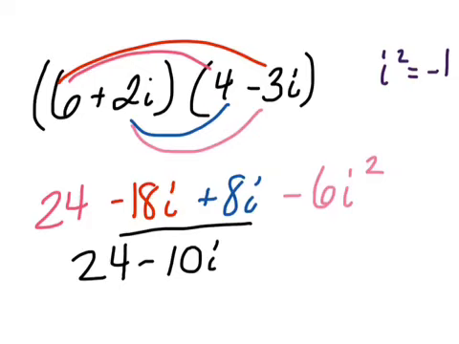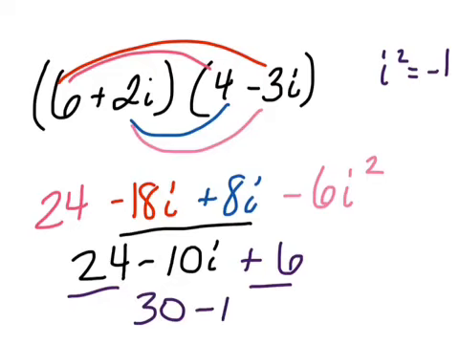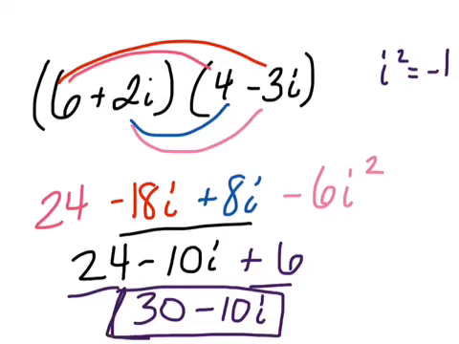So this term is actually negative 6 times negative 1, which is positive 6, which we can then combine with the 24. 24 plus 6 is 30, then minus 10i, and here is our answer, simplified down to that form a plus bi.